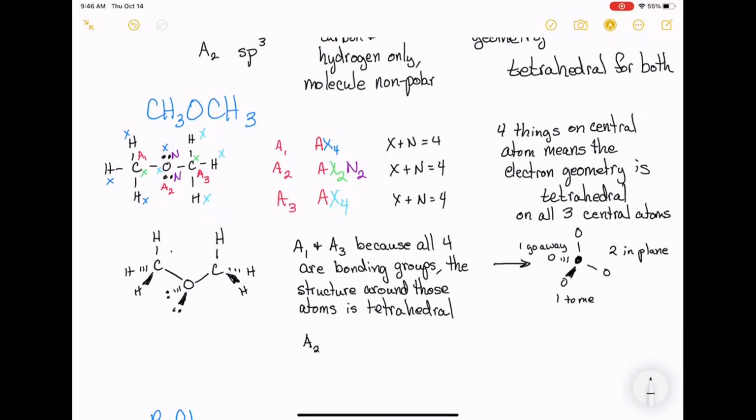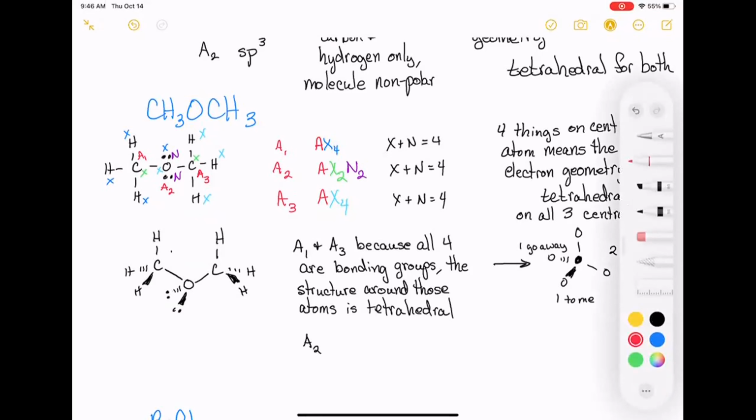But A2 is a different story because we only take into account bonding groups.